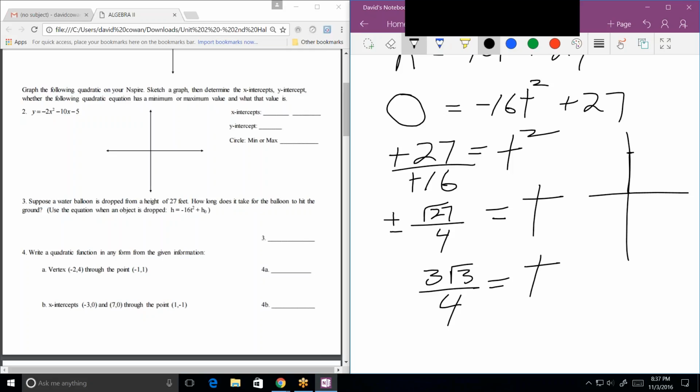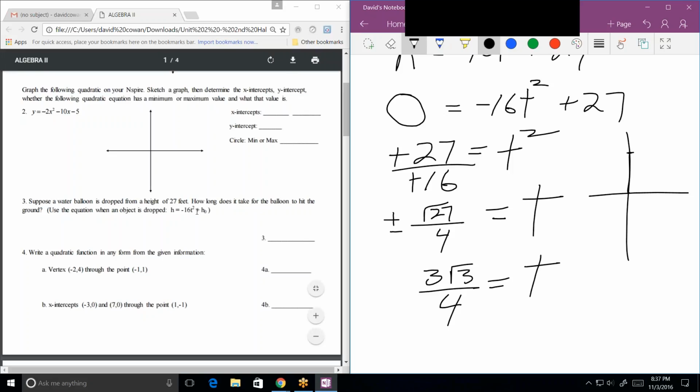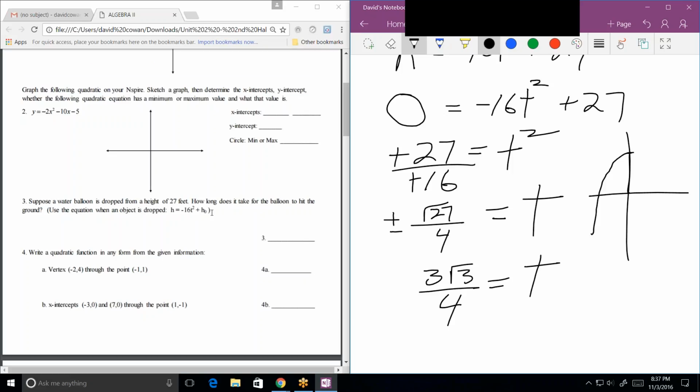But if I graph that equation that we have, it becomes this. Well, this is the time axis. So this point right there is the positive answer. This point right there is the negative answer. But that's why you have two intercepts. But you throw the negative answer out because time cannot be negative.